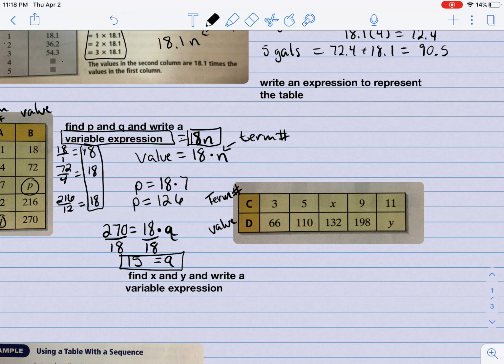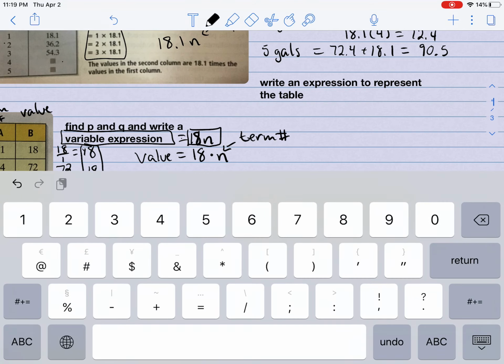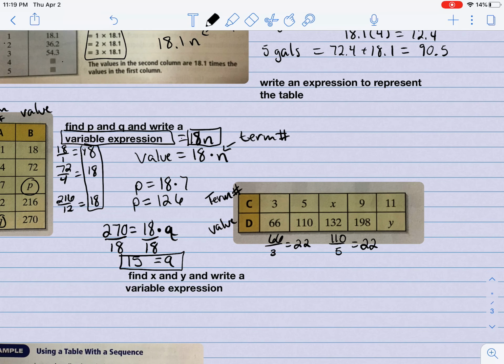Okay, so now let's do the same thing with this next table. First, we want to find out, is there a constant number that we get when we divide our value by our term number? So let's go 66 divided by 3, which equals 22. 110 divided by 5 equals 22. 198 divided by 9 equals 22.